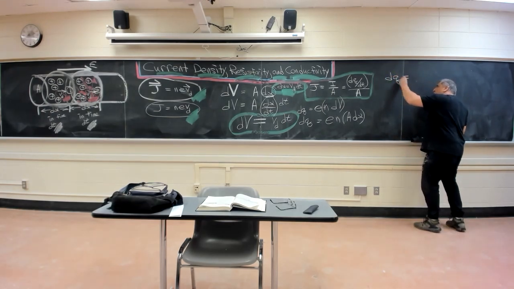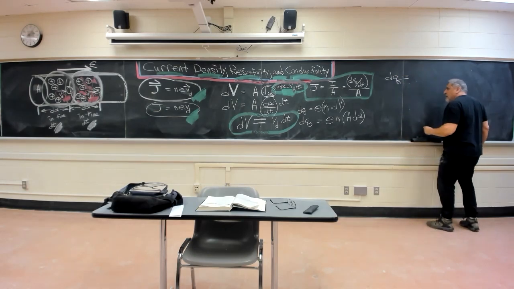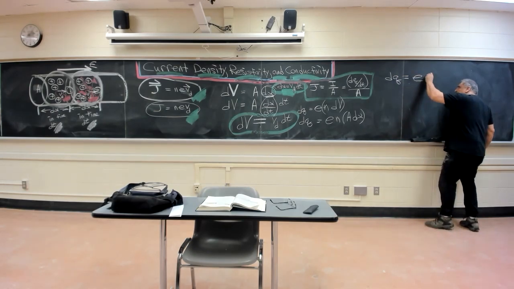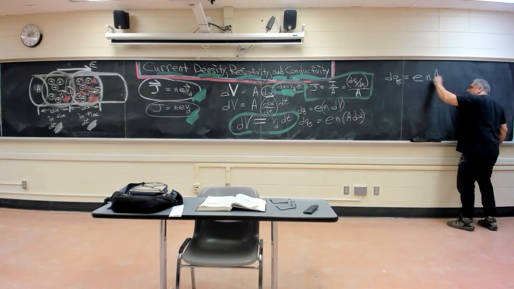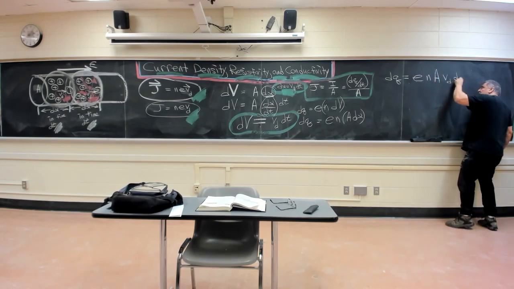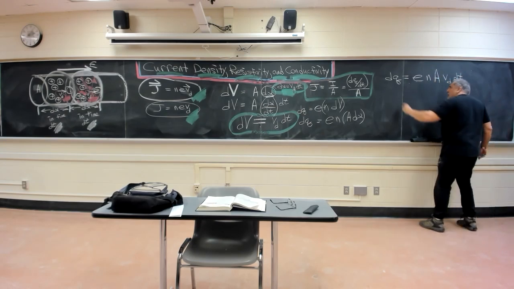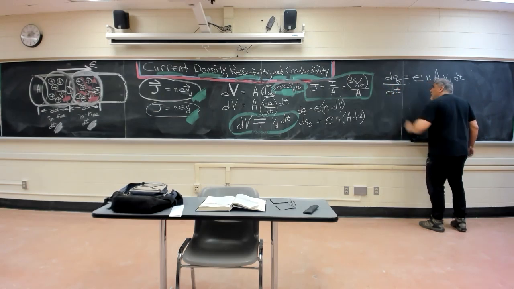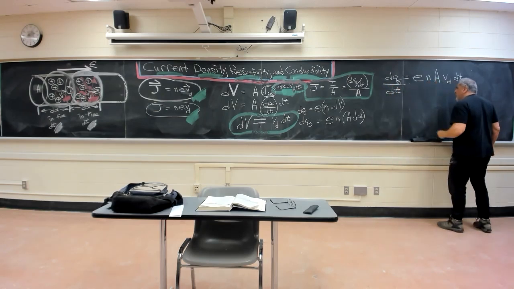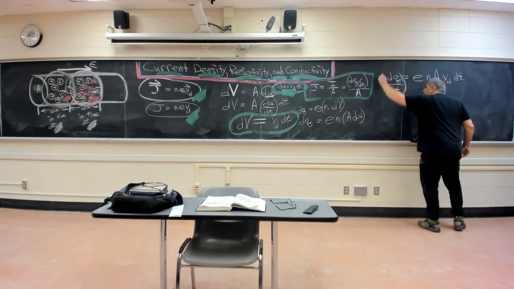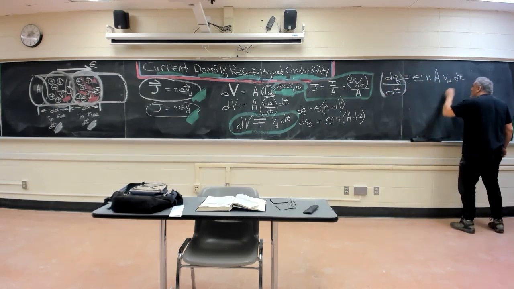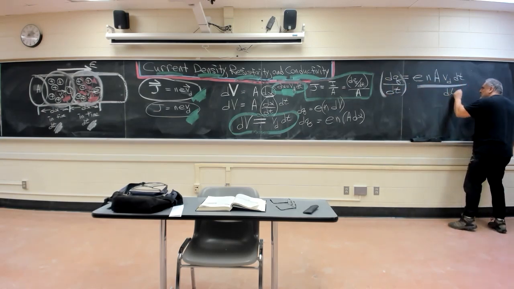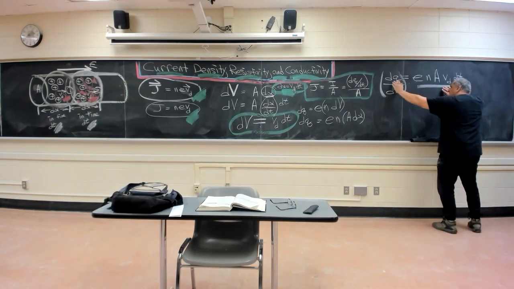But earlier, dq is going to be En A, and dx is V sub D dt. You want to divide that by dt to get the current I. Before it was just dq equals ENA V sub D dt.